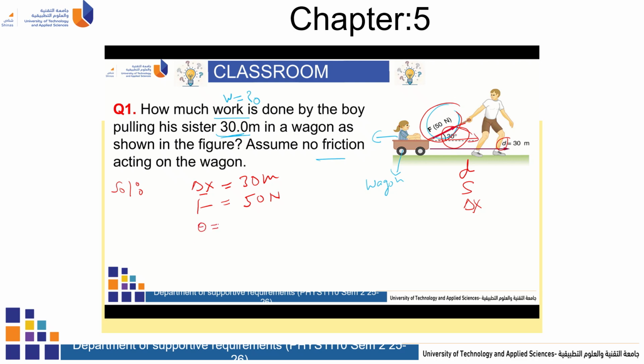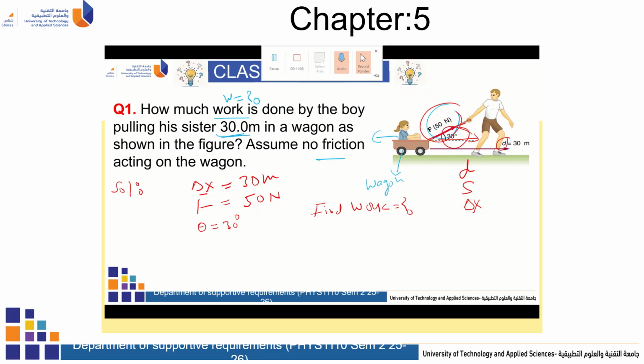So here the theta is given, that is 30 degree. They are asking what is the value of the work.